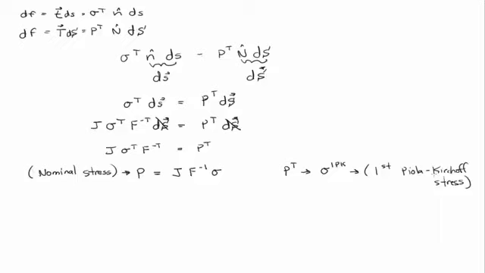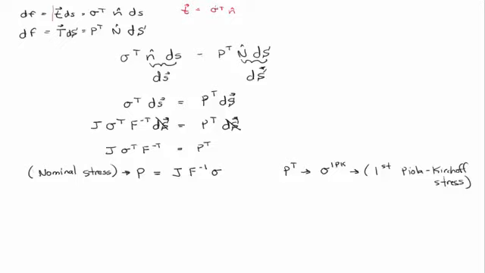It all stems from the fact that some people aren't careful when they use the Cauchy stress equation up here. When they use this equation, which is really T equals sigma transpose n, and we derived that rigorously and showed that it was the transpose.